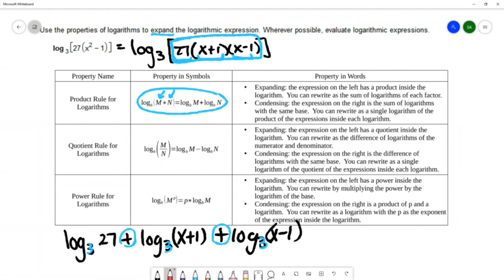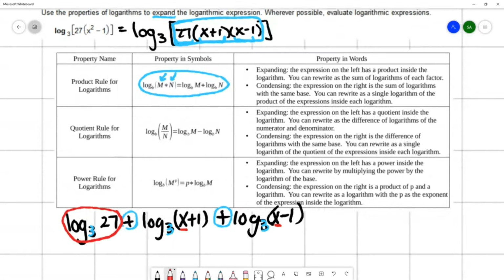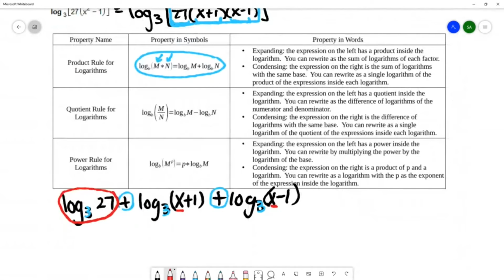And the last thing that I'm going to do is to simplify this right here. The other 2 have a variable in them, and so we can't do any more simplification on those terms. But this term that is log of a number, I'm going to be able to simplify. So on the side over here, we're going to figure out what log base 3 of 27 is. So log base 3 of 27 is some power.